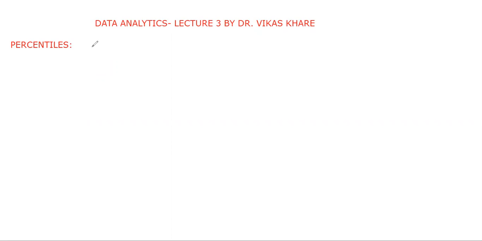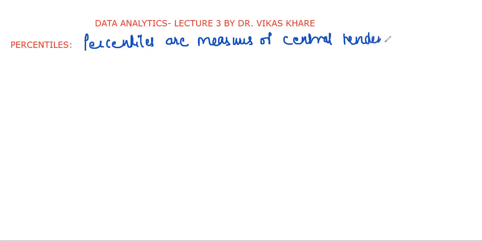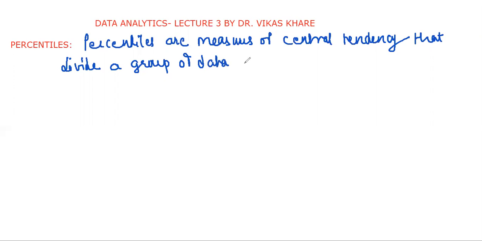So the percentiles are measures of central tendency that divide a group of data into 100 parts.